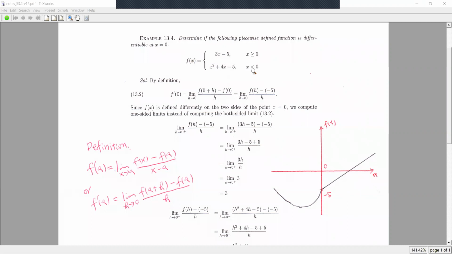When x is less than 0, the graph of this function is the graph of this polynomial. This polynomial, the graph is a parabola, this parabola. So from this diagram, we can see that at x is 0, the graph has a corner. So at 0, the function f is not differentiable.